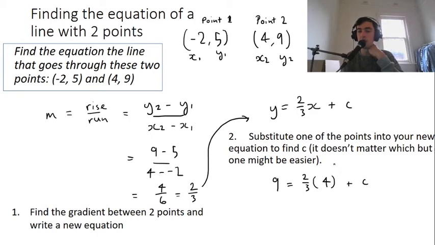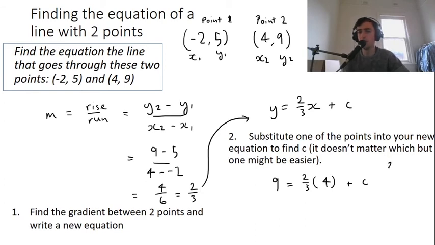Now this is going to be a little bit tricky, because we are going to have to work out how to times these two things, and then we're going to have to get rid of it so that we can have c on its own. So how do you times these two things? Again, with fractions, let me know in the comments if you want help multiplying fractions.